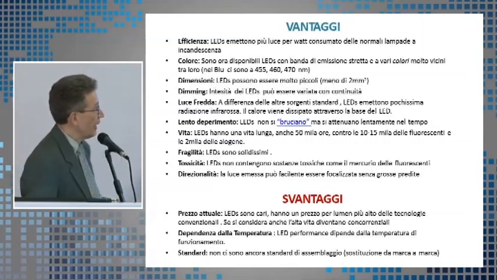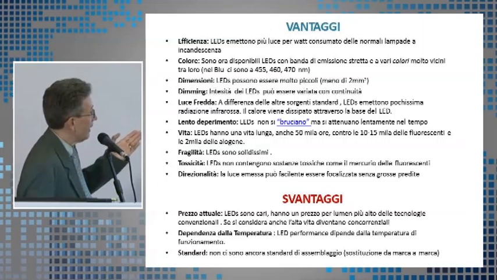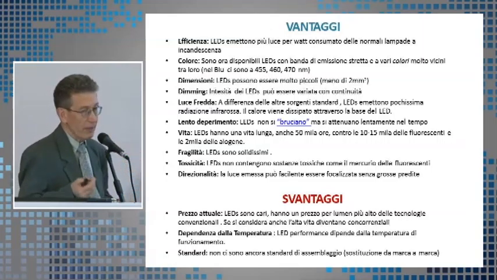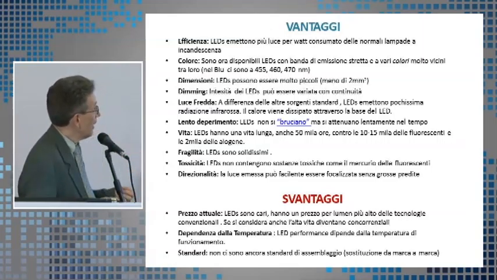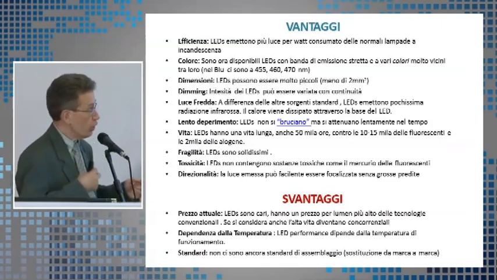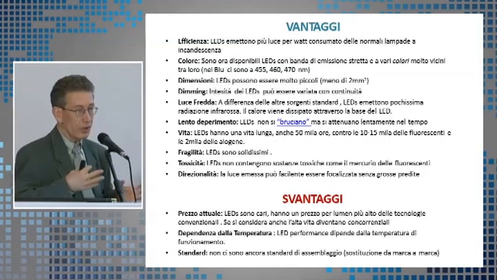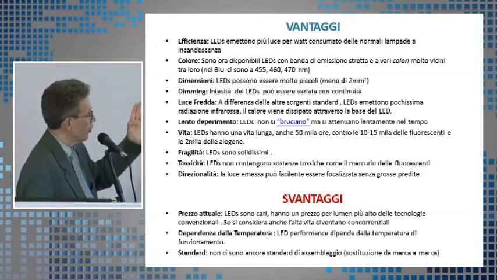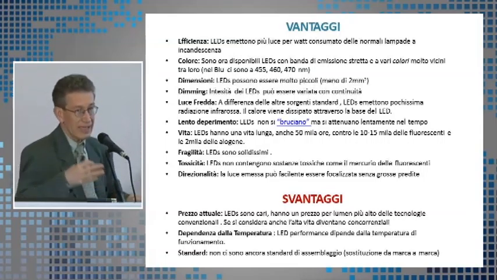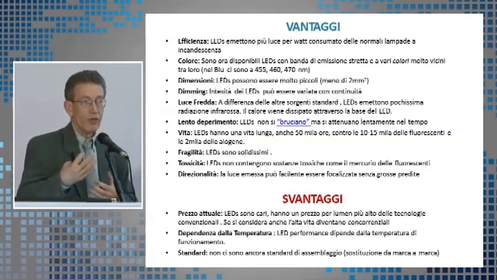Which are the pros of LEDs? Well, there are so many, quite obviously. Efficiency. LEDs emit more light per watt consumed. The colors, there are so many. In the bilirubin absorption area, we have 455, 460, 470.